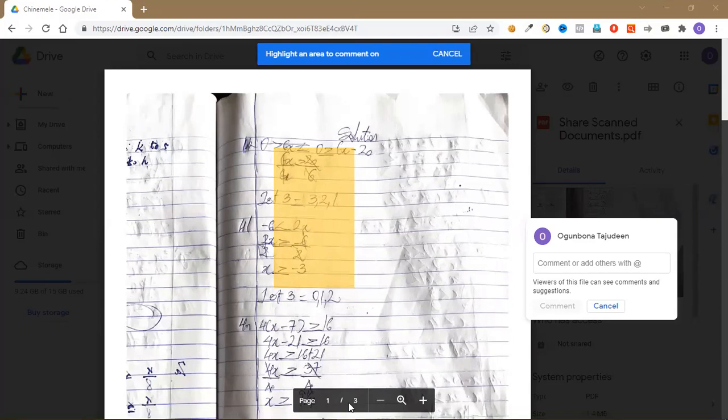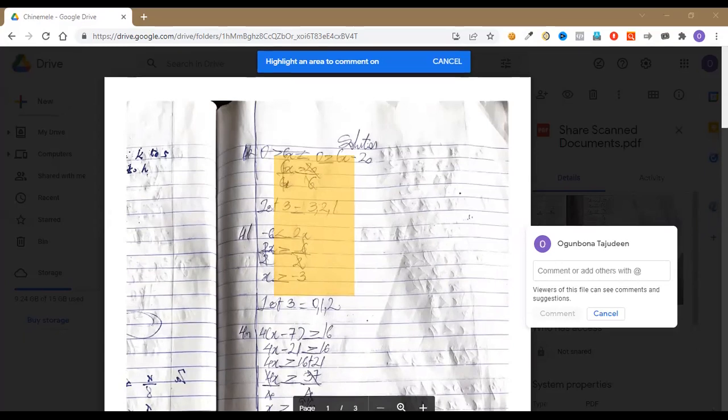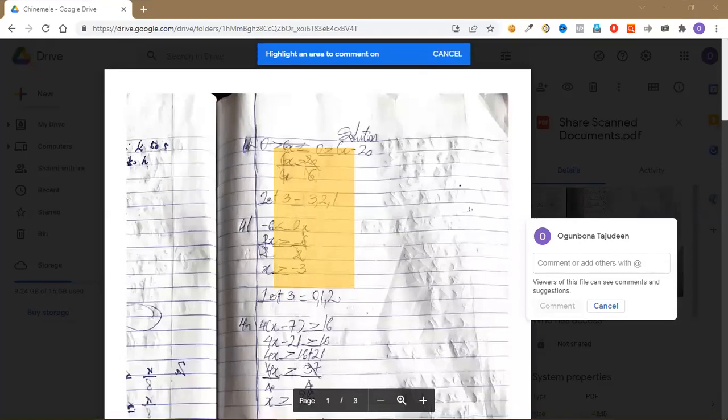I've taken the first page. Go to the second page. Second page taken now. Then the third page. I think it's just 3 pages.